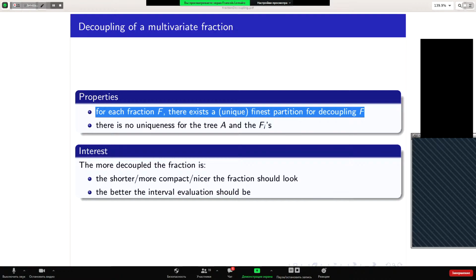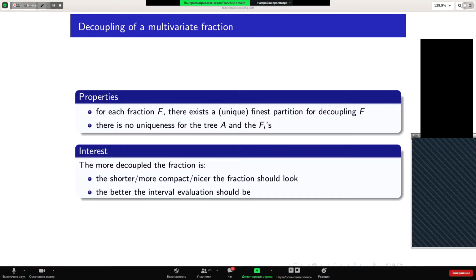What is not unique is the representation of the fraction. The interest of a decoupled fraction is that you expect a more compact and nicer representation, and also probably a better interval evaluation.